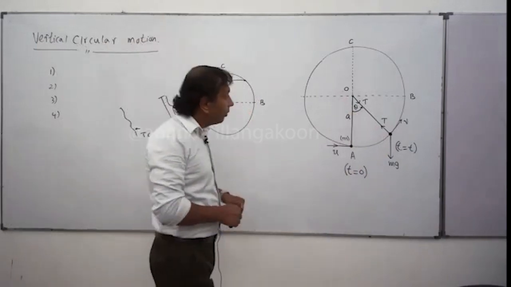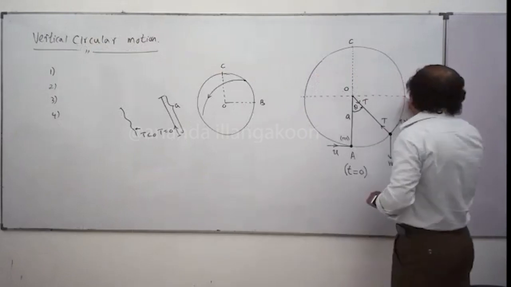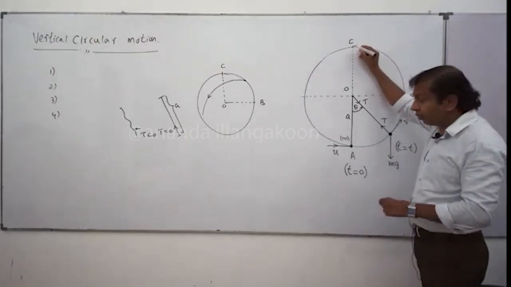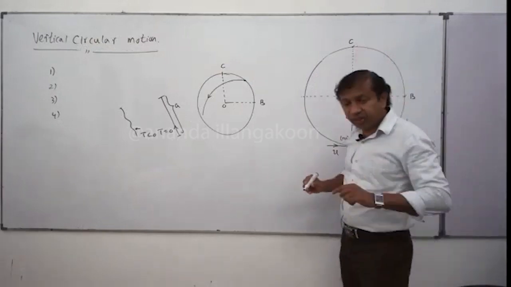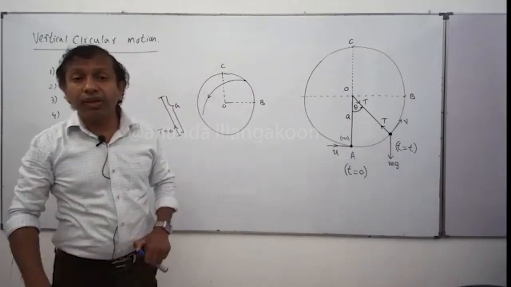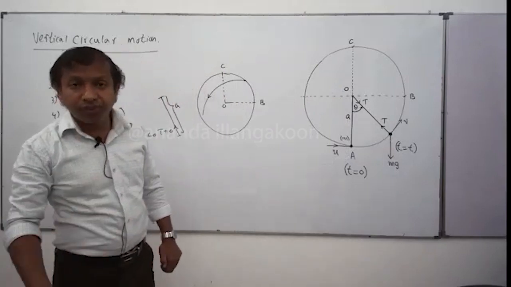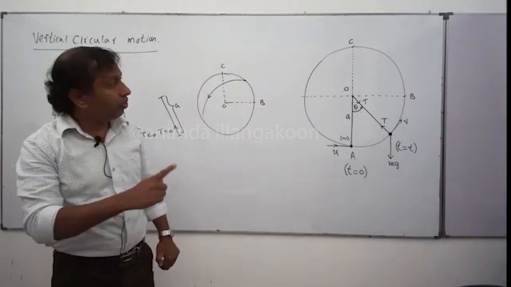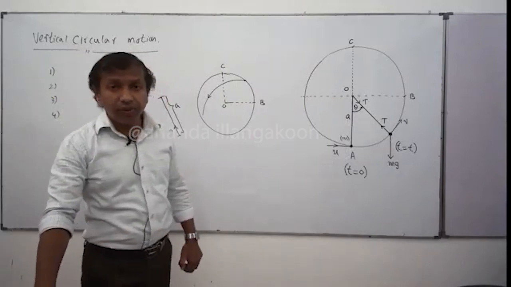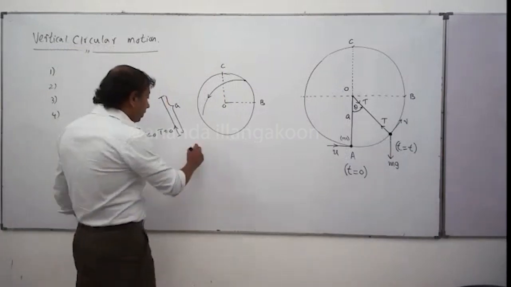Well, secondly, between B and C, out of these two things, tension T and velocity V, the tension only can be zero first in between B and C. That also we can prove mathematically.